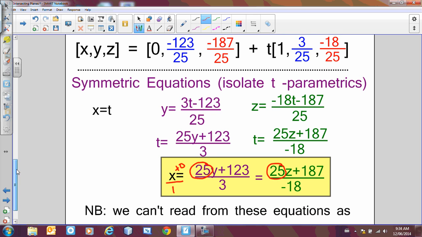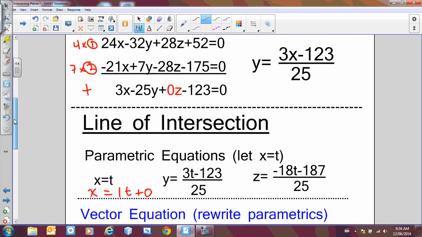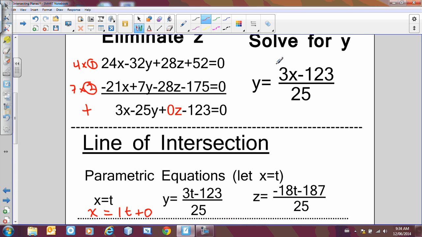The only reason that occurred was because I made up these questions from the start, and we ended up with fractions going all the way back up to these values. With some nicer numbers, I wouldn't have a 25 here, and then everything would simplify nicely. Your symmetric equations would look perfect from the start.